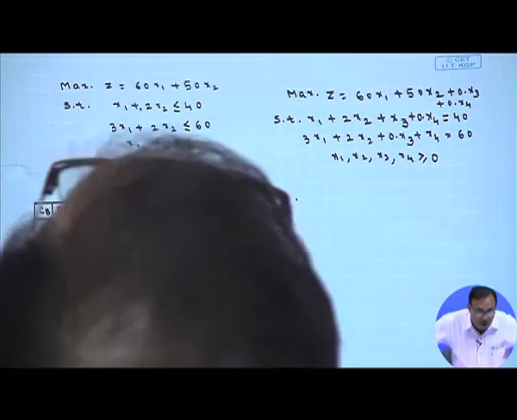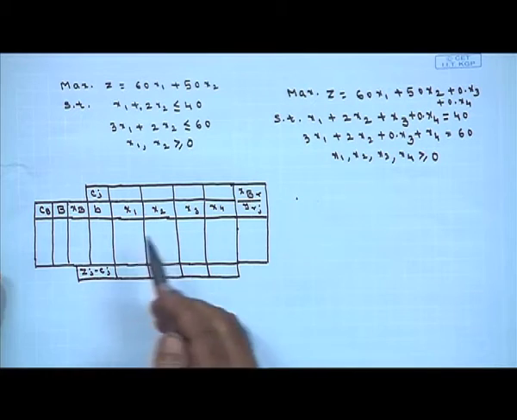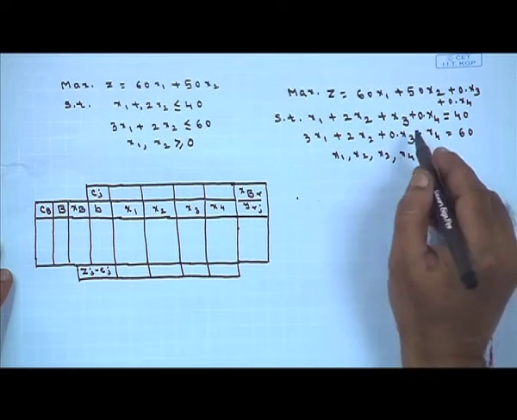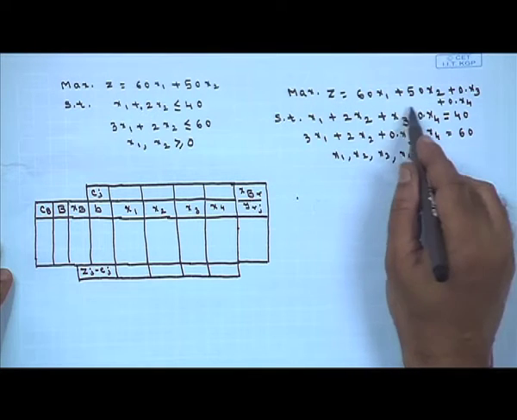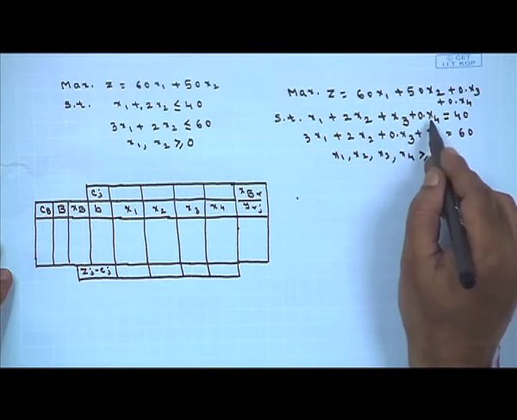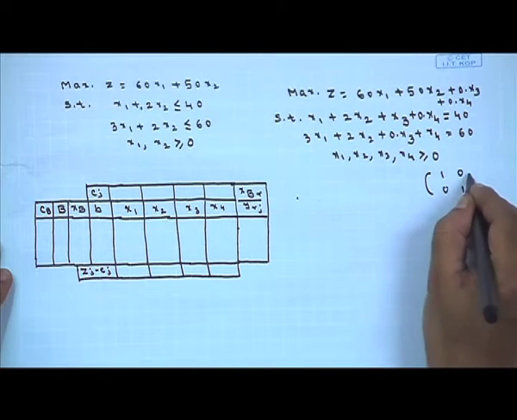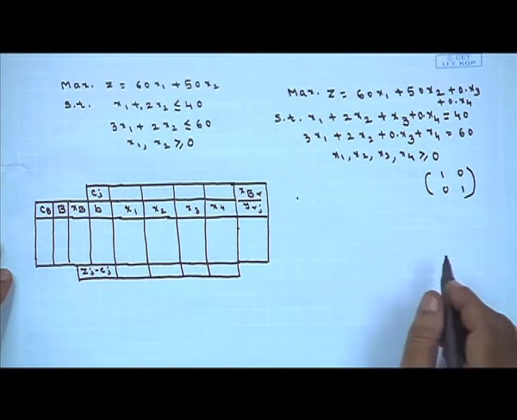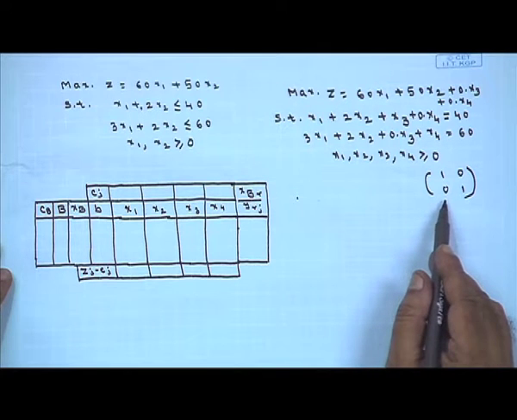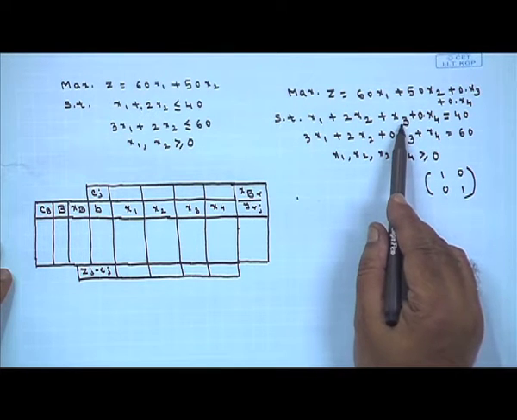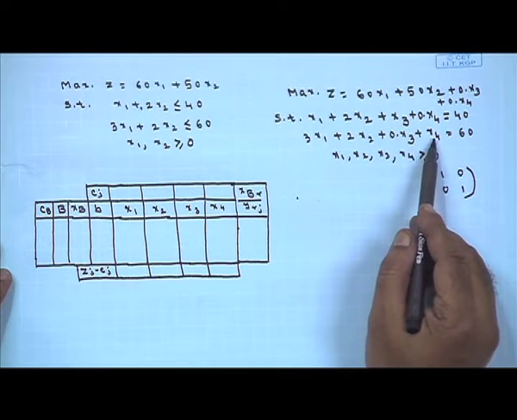Now, see this one, C_B, X_B, like this way it is written. If you note this particular portion here, this is forming a linearly independent set of vectors, because the unit vector you know it always will be that one. So, what are the variables associated here? x3 and x4.